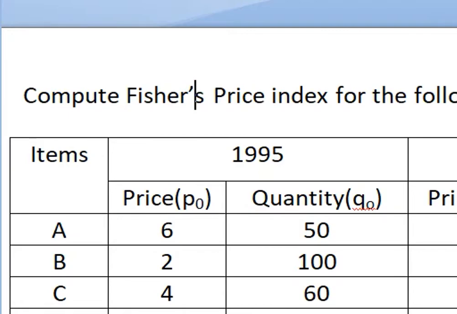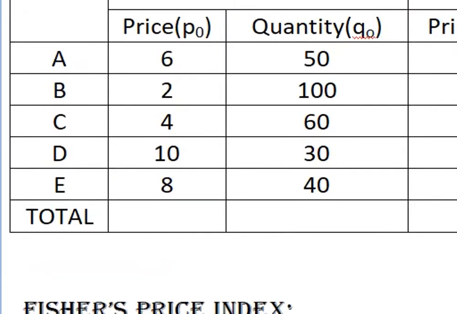Then just look at the formula of Fisher's index, that is P01F is equal to summation P1Q0 divided by summation P0Q0 into summation P1Q1 divided by summation P0Q1, into 100.